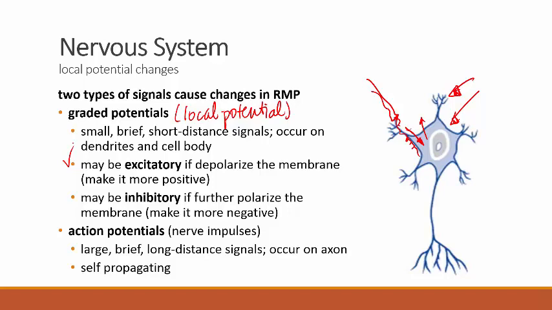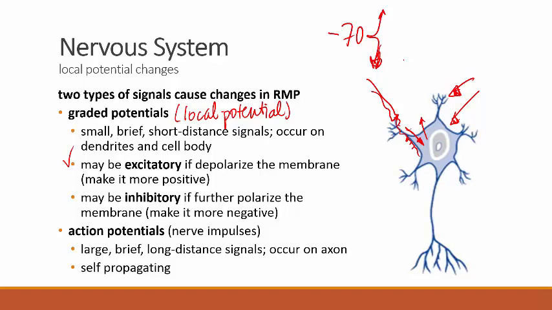If, on the other hand, it opens up potassium channels, then we think of that as inhibitory transmission, because rather than moving the membrane potential in a positive direction, allowing more potassium to leave the interior of the cell would only make the interior even more negative, getting it further away from the chance that it might stimulate an action potential.